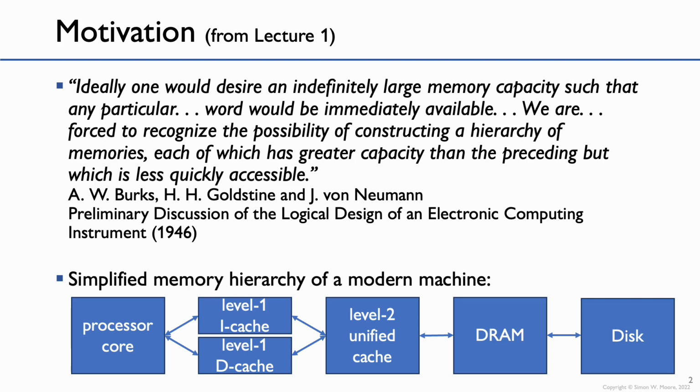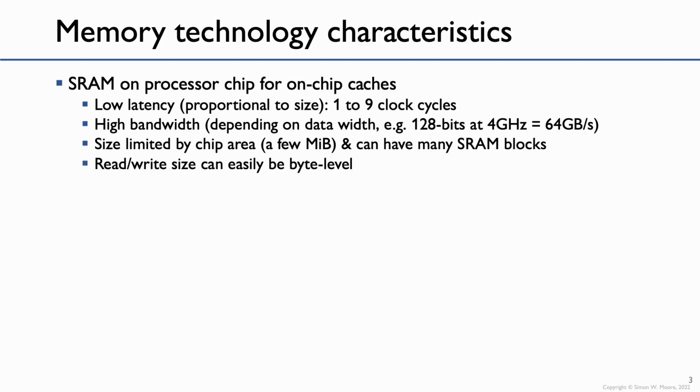Let's now look at memory technology characteristics. So we've got SRAM, which is typically on the processor chip for on-chip caches. SRAM, static random access memory, is low latency, but the latency is proportional to size.